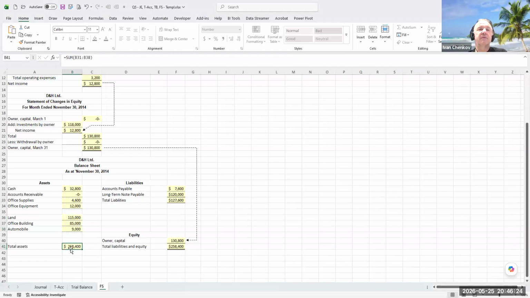In total, we have $258,400 in assets. From those assets, once we pay accounts payable of 7,600 and the long-term payable, we're going to have 130,800 left for the owner, so we can pay his capital.